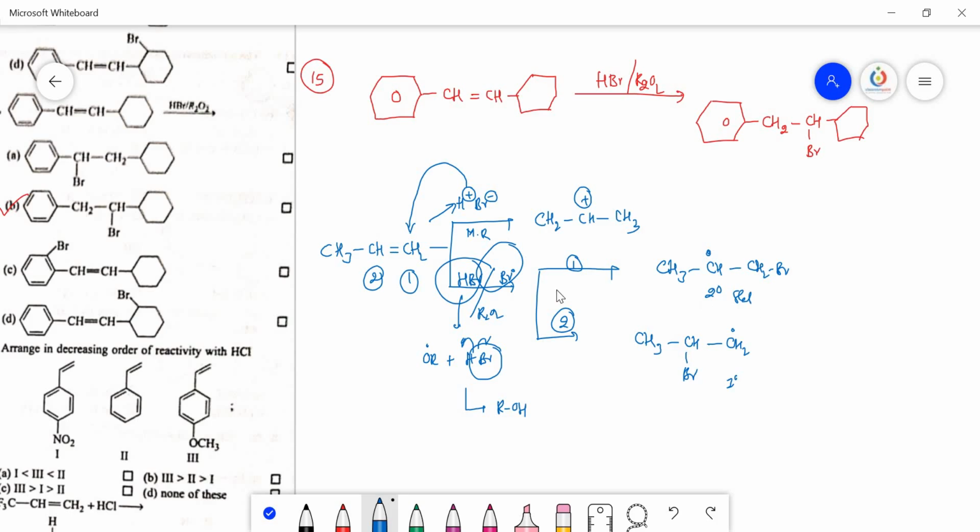Secondary radical is stable, hence bromine radical preferably attacks over the carbon with more number of hydrogens. So that is the reason why here also bromine radical preferably attacks over this particular position to provide benzyl secondary free radical, which is more stable, and we are getting this particular product.